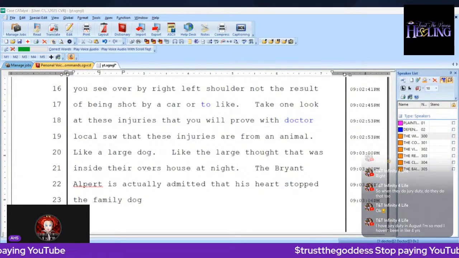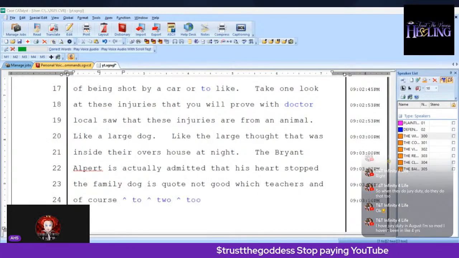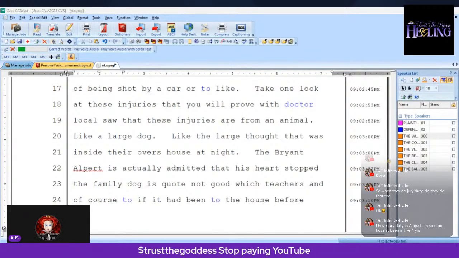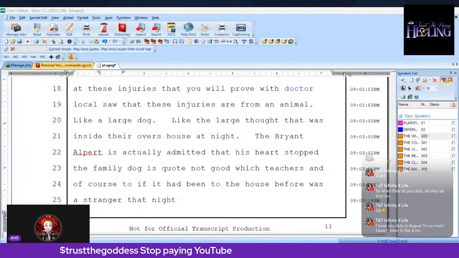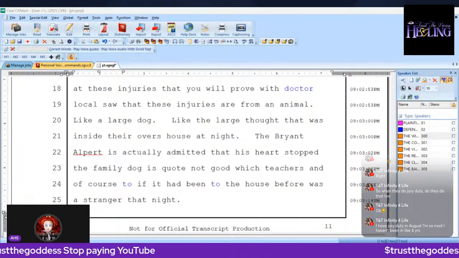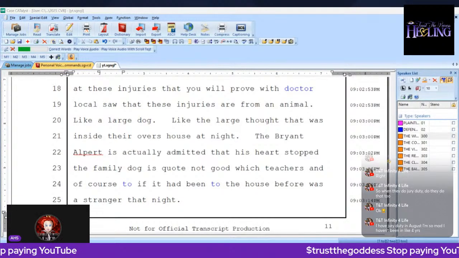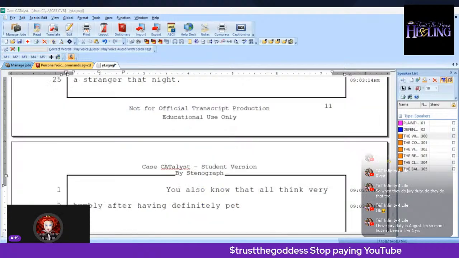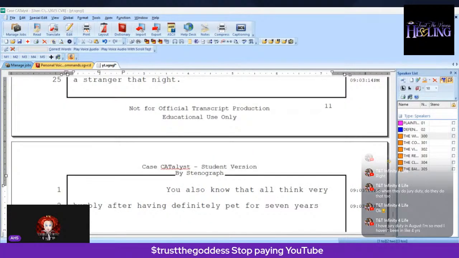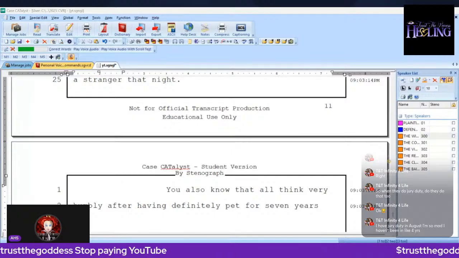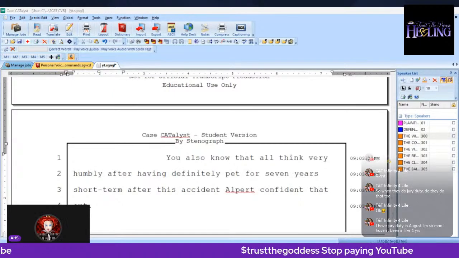And of course, John, never having been to the house before, was a stranger that night. You'll also learn that oddly, very oddly, after having their family pet for 7 years, a short time after this incident, the Alberts got rid of that dog. They called it rehoming her.